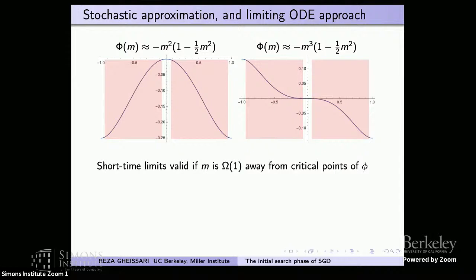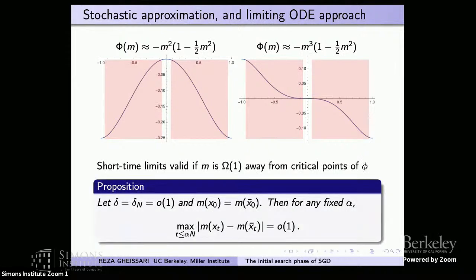Because it has some positive drift, in this case to the right-hand side, away from the origin. And as soon as it has a positive drift, I can do a standard argument to argue that I have a law of large numbers. So my correlation to the truth is within a little o of 1 distance of the correlation to the truth of this population dynamics. This population dynamics is just you following the dynamical system dictated by this simple one-dimensional function. So this is saying the low-dimensional intuition is really valid.